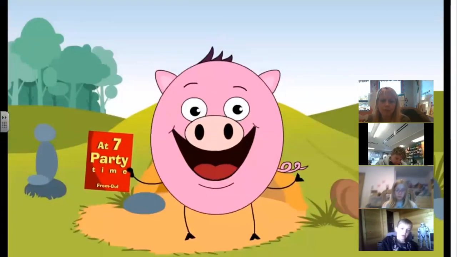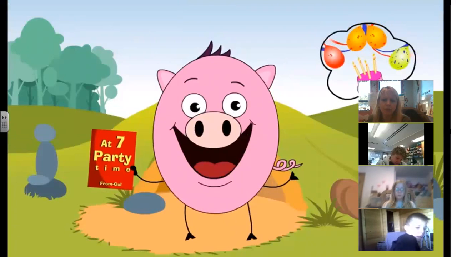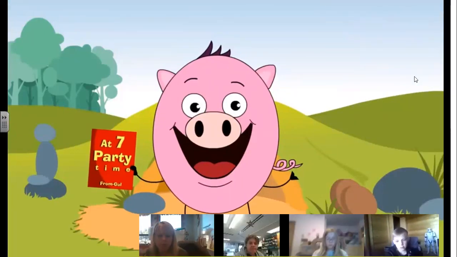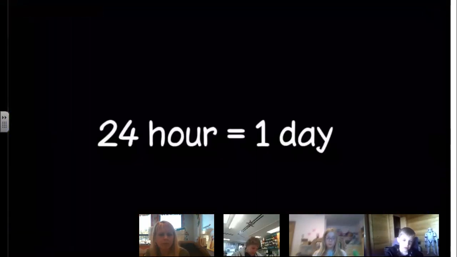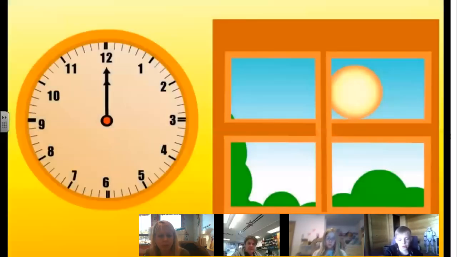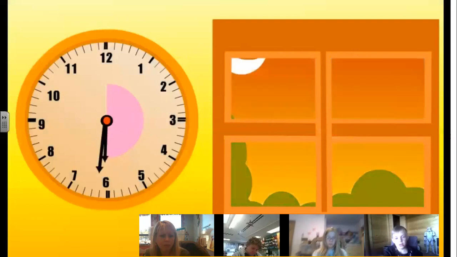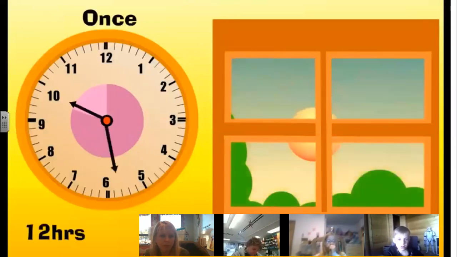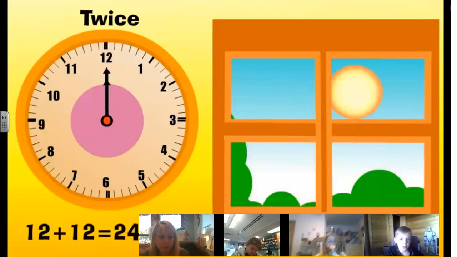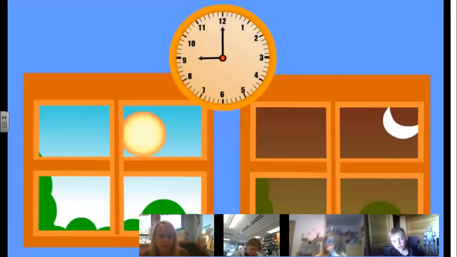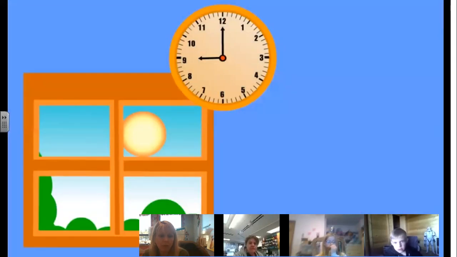Popo gets an invitation at 7 from Gold for a party. There are 24 hours in a day, but there are only 12 numbers on a clock. The hour hand goes round the clock twice in one day. That's why we have 9 o'clock in the morning and 9 o'clock at night.